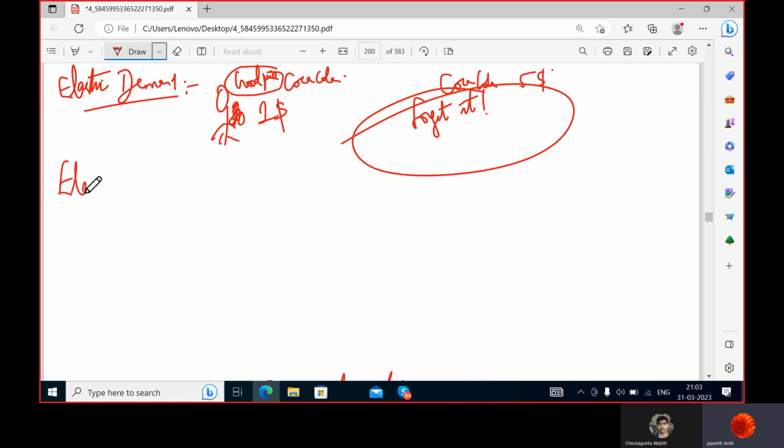So elastic, as the name suggests, means very sensitive. Quantity demanded is sensitive to change in price. We have not discussed any extremes right now. We have just discussed elastic and inelastic. I did not go into the types of elasticities, which we will be discussing shortly.